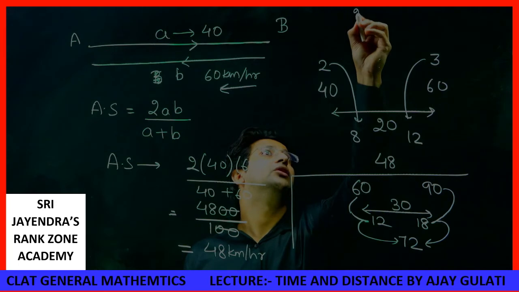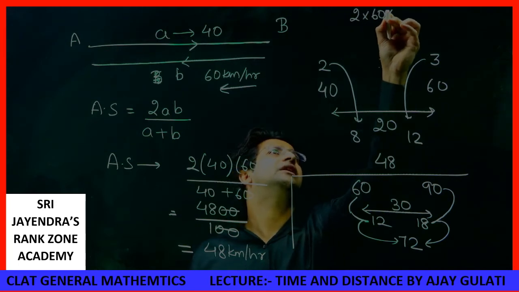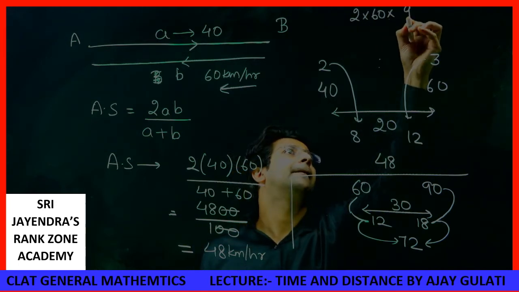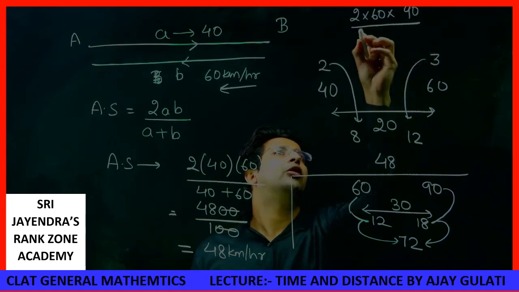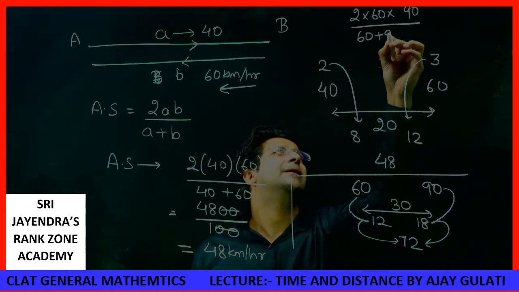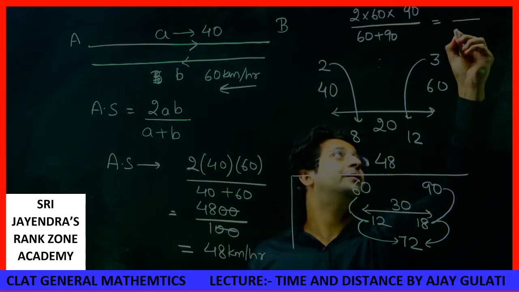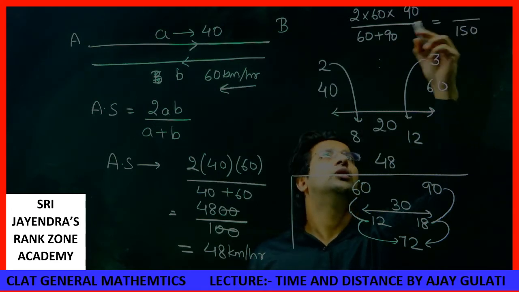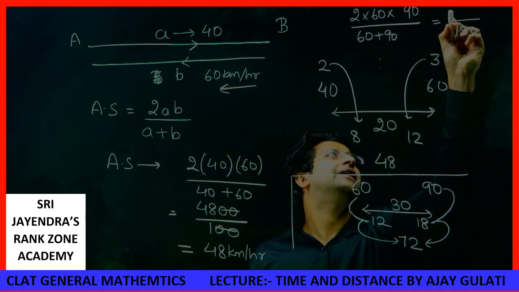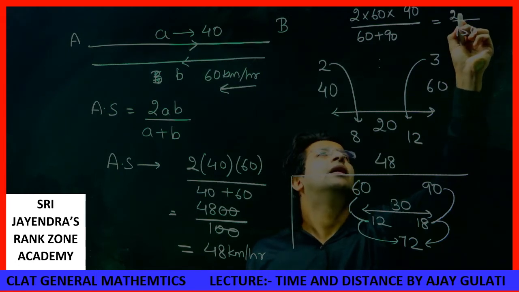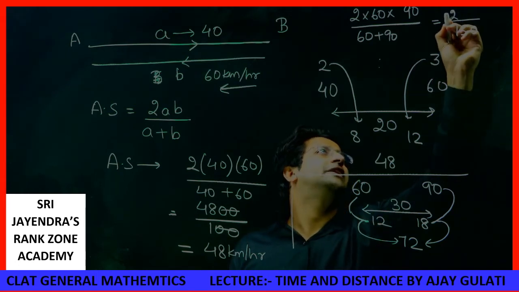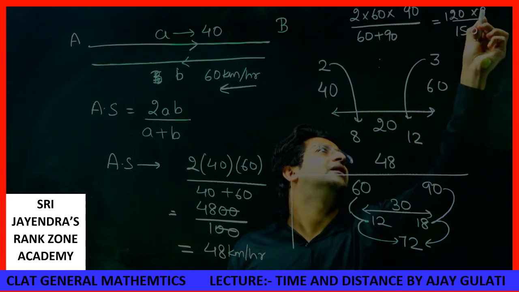See, 2 into 60 into 90 upon 60 plus 90. Okay, so in the denominator it becomes 150. In the numerator I write this as 2 into 60 is 120 into 90.